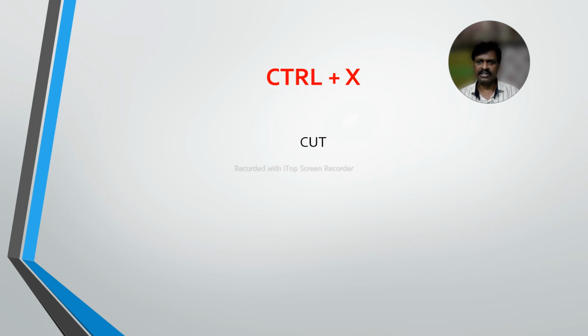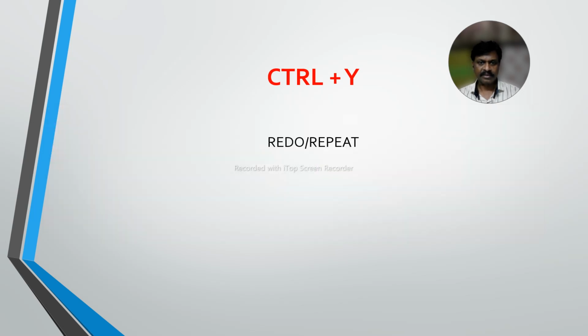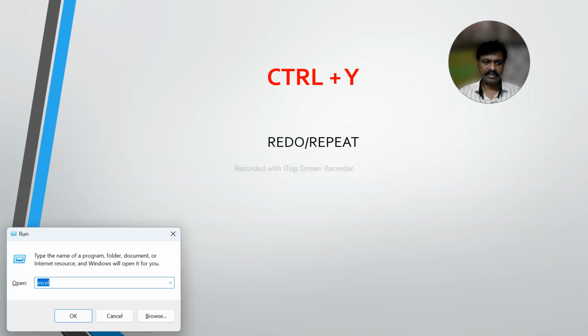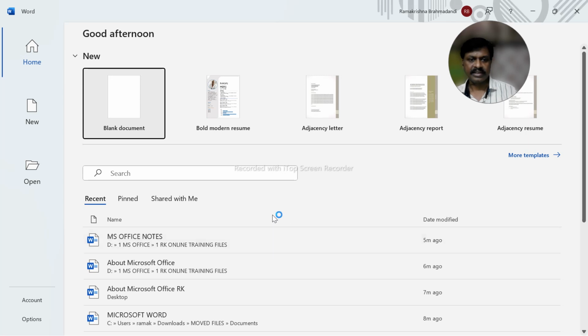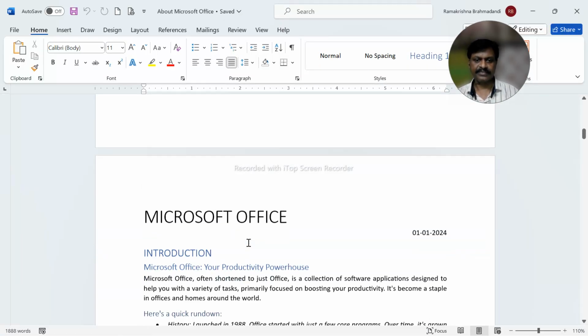Right. Next, what? Control X. Already we learned. Okay, Control C means what? Copy. Okay, Control X means cut, means move. Control Y means repeat. Suppose, let us open our file.